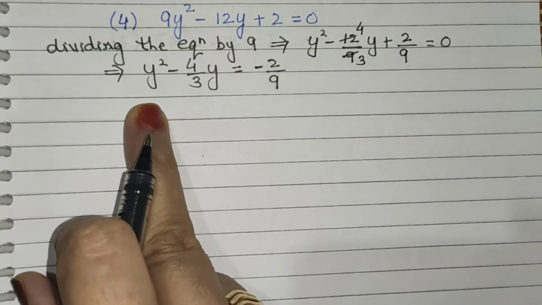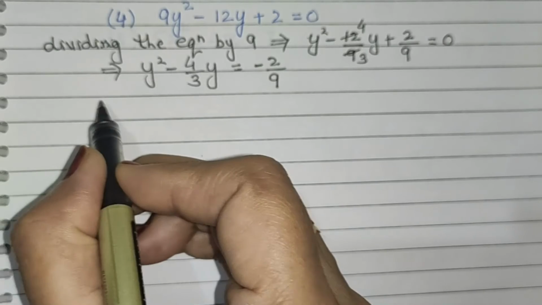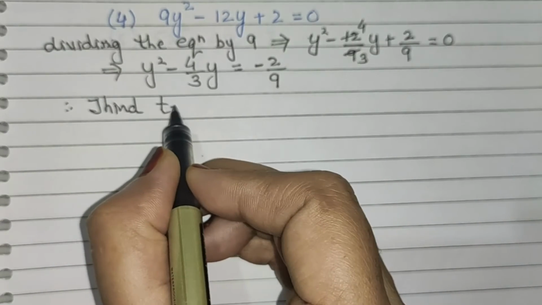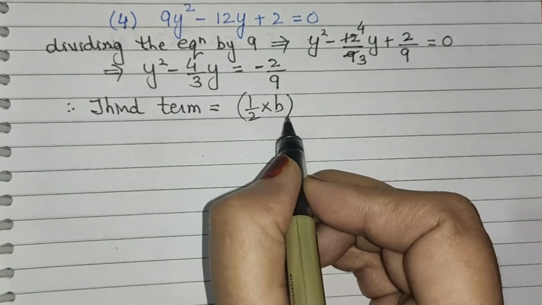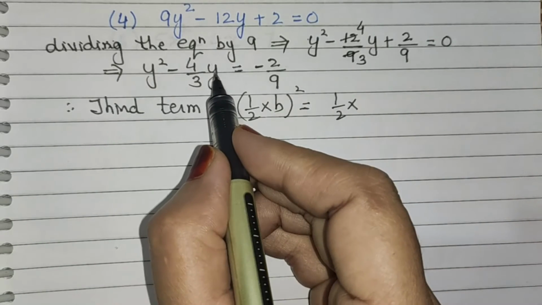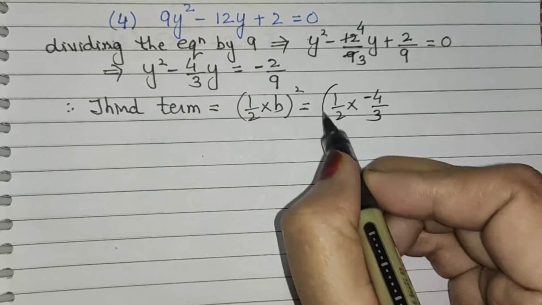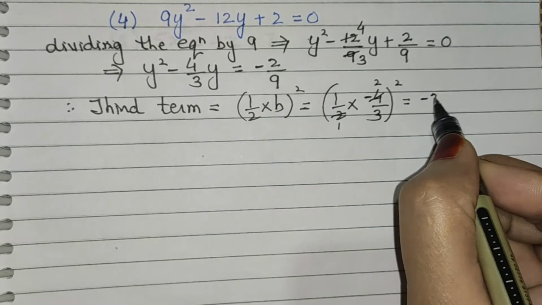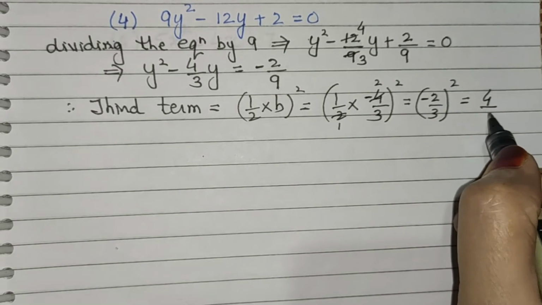Now we make left hand side a perfect square by using third term. Therefore, third term is equal to 1 upon 2 into b, whole square. B means coefficient of y, which is equal to minus 4 upon 3, whole square is equal to, 2 1s are 2, 2 3s are 6. Now we get here minus 2 upon 3 whole square, which is equal to 4 upon 9.